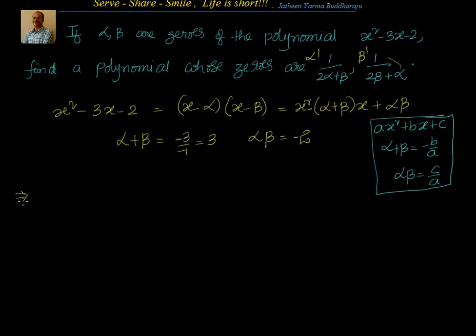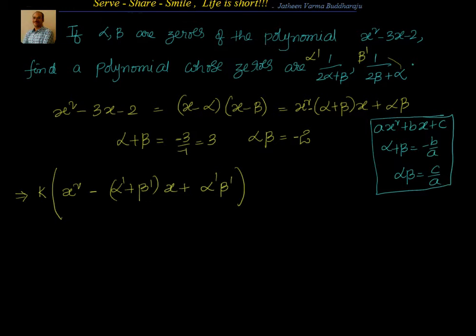Now the equation I have to frame will be multiplied with k first of all, because you can have constant terms: k into x square minus alpha dash plus beta dash into x plus alpha dash into beta dash. So the only work left is to find alpha dash and beta dash. Then we can directly substitute the numerical values.